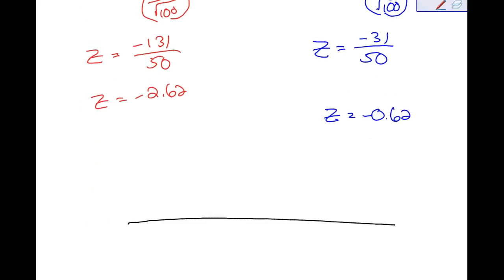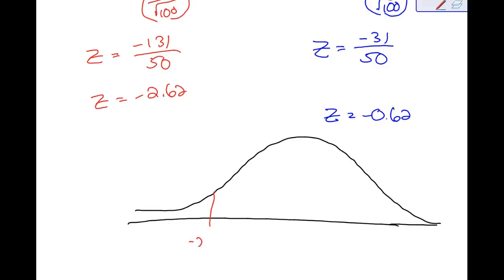Recall that I'm wanting in between. Here's negative 2.62, which corresponded to my $2,500, and here's my negative 0.62, which corresponded to my $2,600.